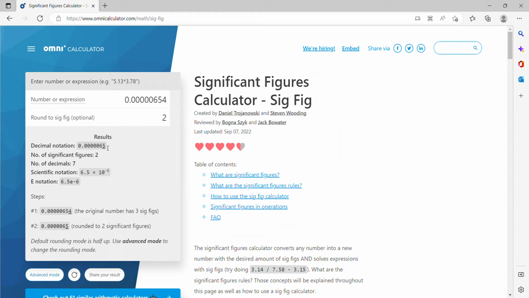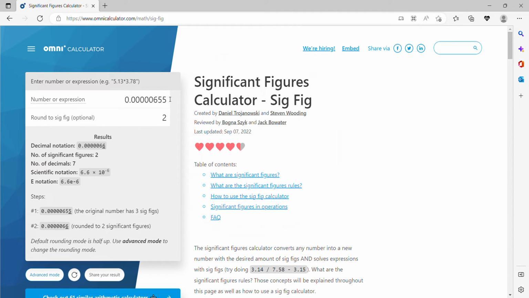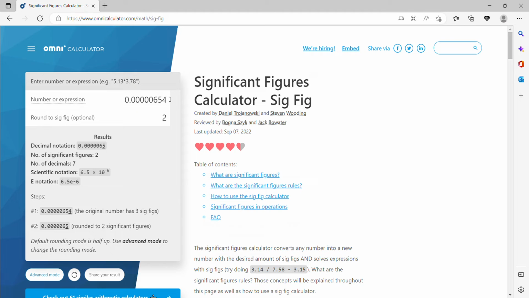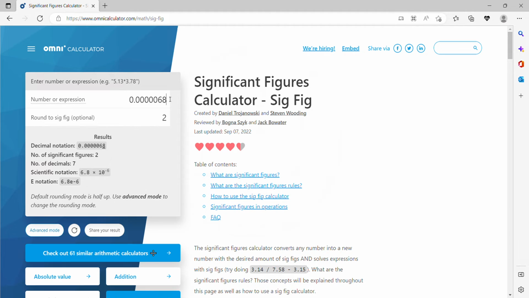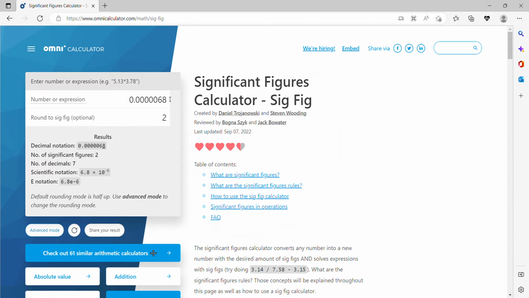I know I'm not explaining this very well because really this is just rounding, and I know you guys know how to do it. So I just want you to do it on this calculator just to figure out what's happening, right? So it goes up to 66 when I make that a 5 or a 6, but when it's below 5, it goes back down. So just play around with it, and I think you guys will get it. If you want me to actually post a video really explaining it, I can.